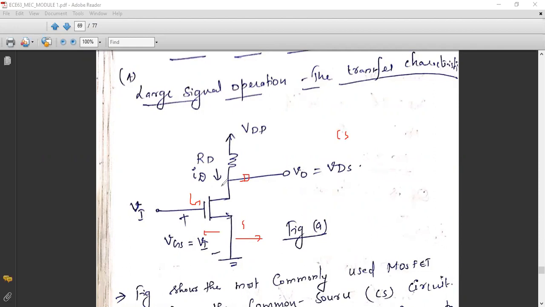We have taken the output from the drain terminal, that is V0, which is equal to the voltage across drain and source. ID is the current flowing through the MOSFET, from the drain to source. Always the current will flow from high voltage to low voltage. As you can see, the source is grounded and drain is connected to VDD. Therefore, current ID will be flowing from drain to source.